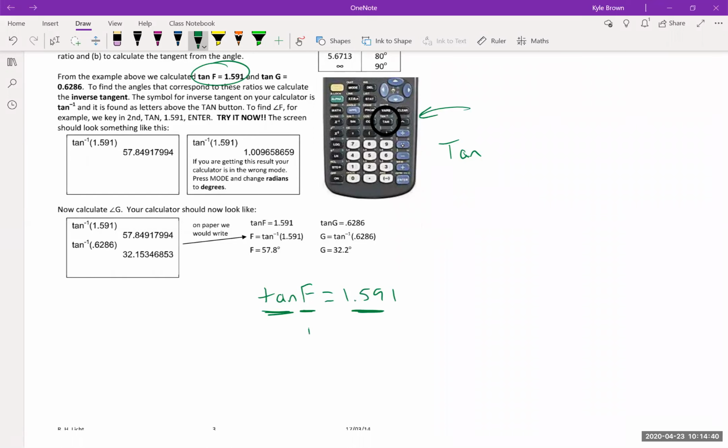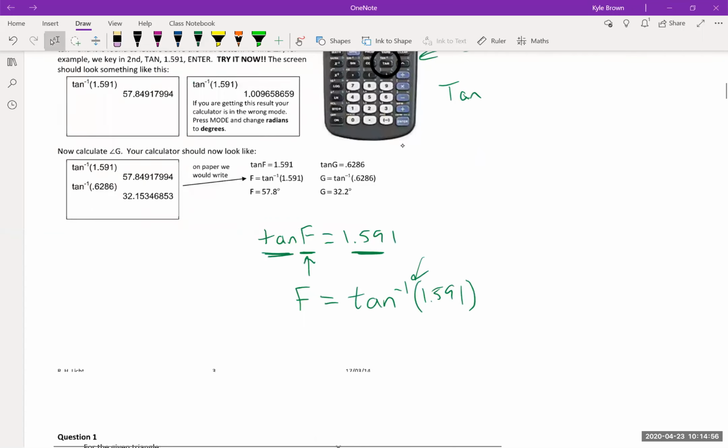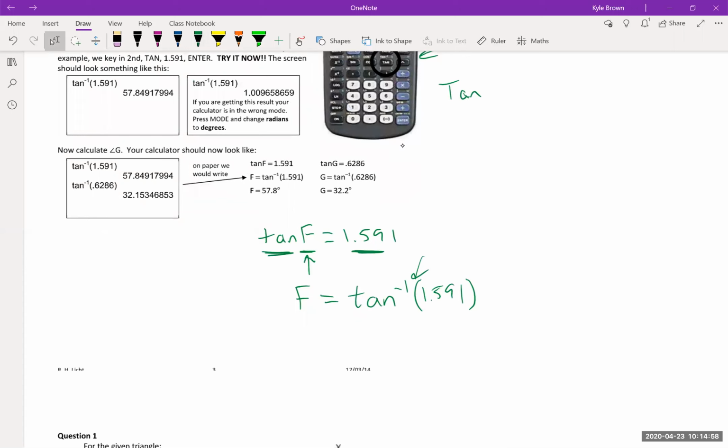If I want to figure out what just the angle F is, I could say the angle F is equal to, and it's written like this. I know this will be new to you. It's tan^-1 of 1.591. And that -1 means the inverse. We'll start using that more in 20 level math and 30 level math with that inverse function. But that's like undoing it. It's like doing the opposite of tan.